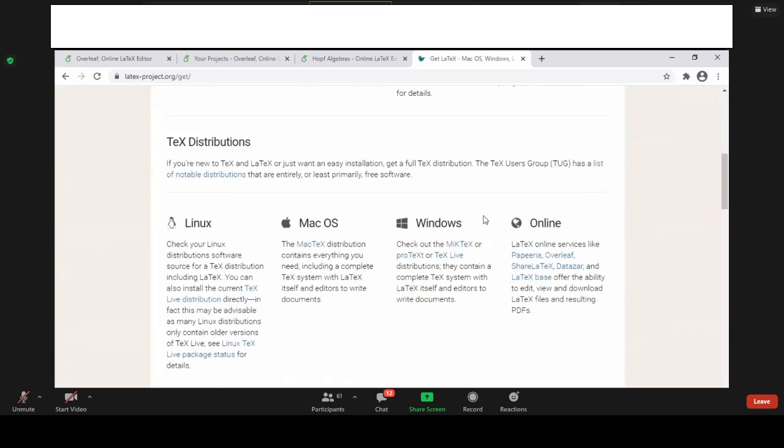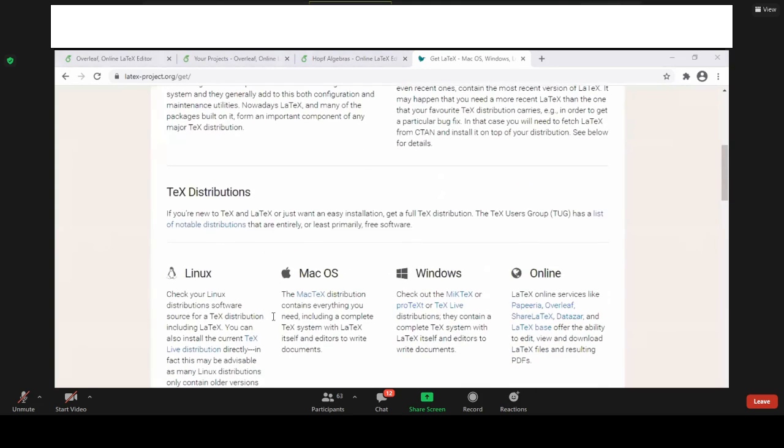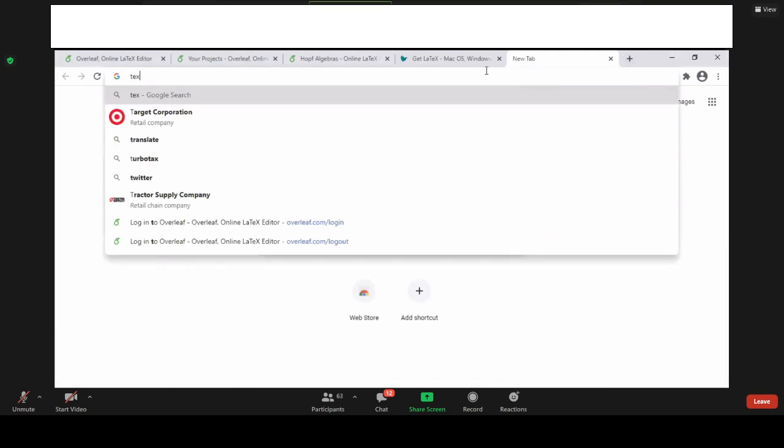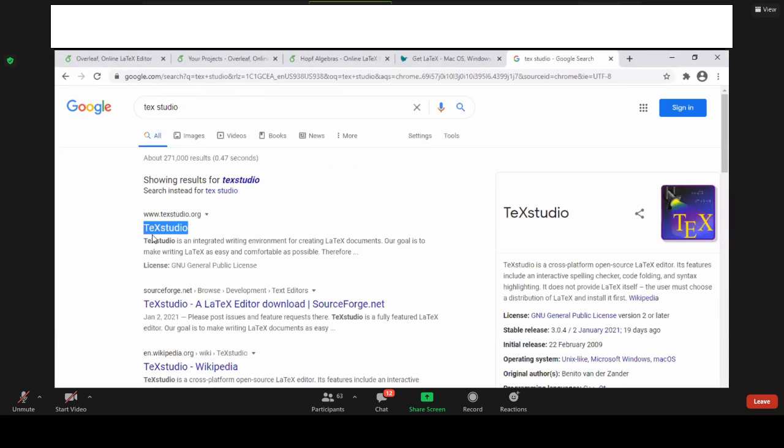Basically, this is for every single operating system. You have Linux, where you download for Linux. For Mac, you use MacTeX. For Windows, you use MiKTeX or TeX Live. And once you download this, you want to download a compiler. One good one is TeXstudio. TeXstudio is a compiler.